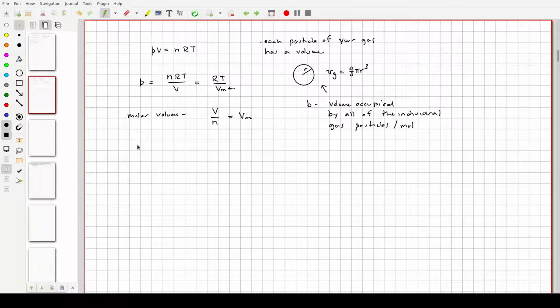So in reality, this is going to turn into this minus B. And this, like I said, is the volume that is occupied by all of our little individual gas particles per mole. So now our gas law looks like this.